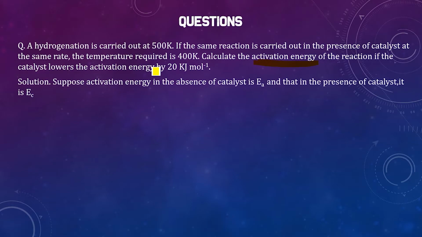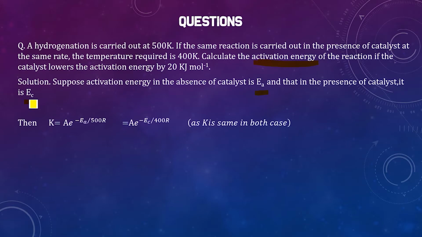So how to solve this? Suppose the activation energy in the absence of catalyst was Ea and in the presence of catalyst it is Ec. So there is the equation, this is the Arrhenius equation. I'm not going to expand it in the form of log because here also it will cancel and we can find easily.